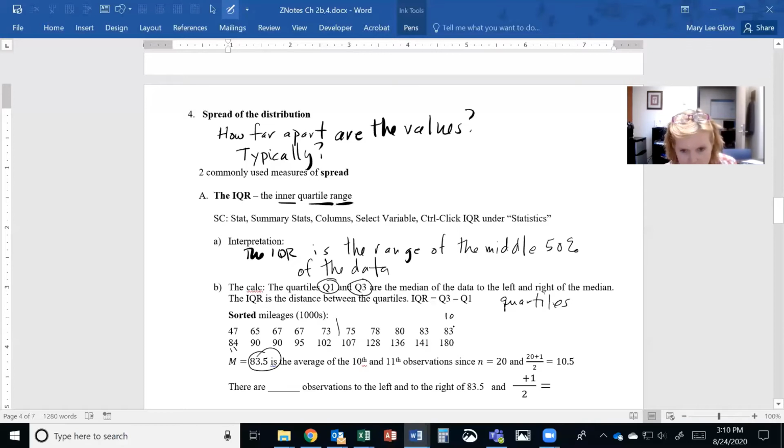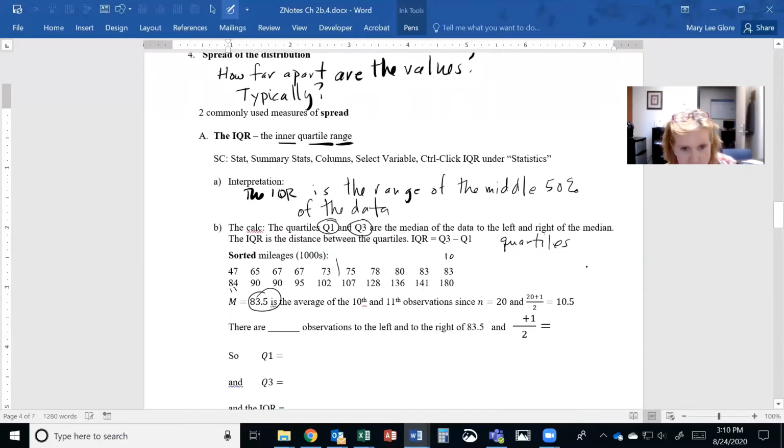There are 10 observations to the left of the median and also to the right of the median. If I calculate the median of those 10 observations, I would add 1 to that and divide by 2. And that tells me the position of the median.